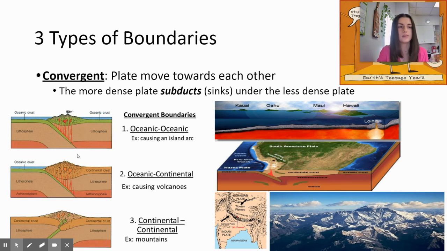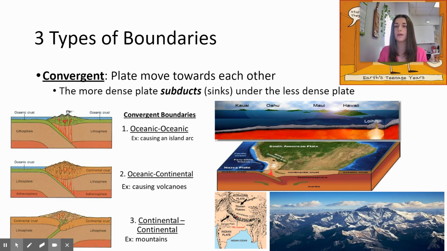And what happens is, as you can see from this picture, this oceanic crust was subducting under this oceanic crust. And what happens is that this creates volcanic island arcs. And I'll explain to you how it creates the volcanoes in a second.